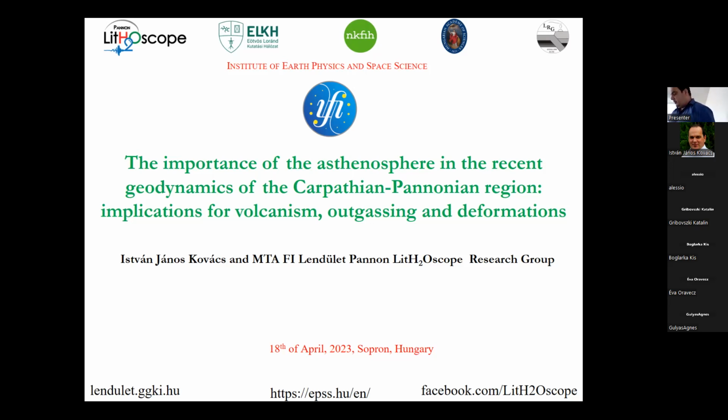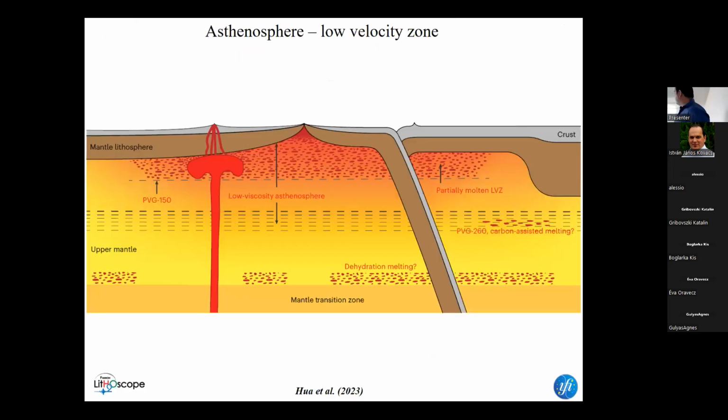Okay, so let's start the talk with a very recent summary figure, because we need to ask the fundamental question: what is the asthenosphere? It probably turned out from Nori's talk that it's not easy to define, and if you are a geophysicist or a geochemist, you may give different answers to the same question, and it's not a problem.